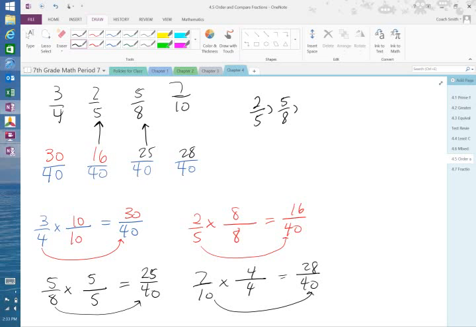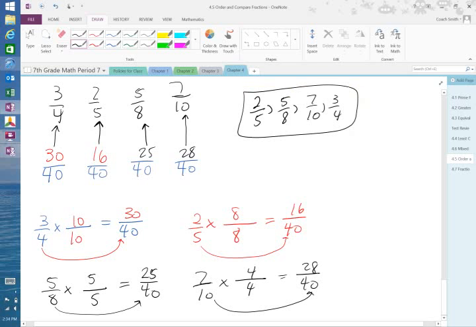So the next smallest is 7 over 10, which was 28 over 40, and the largest, 3/4. So that is from least to greatest order using the least common denominator, also known as the LCM.